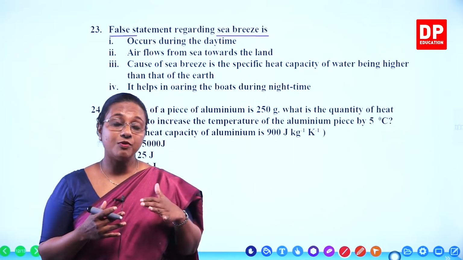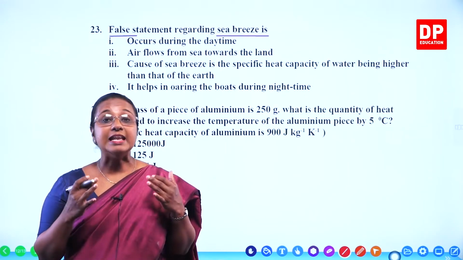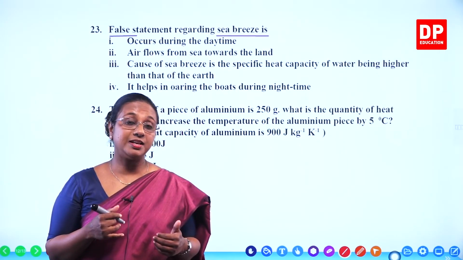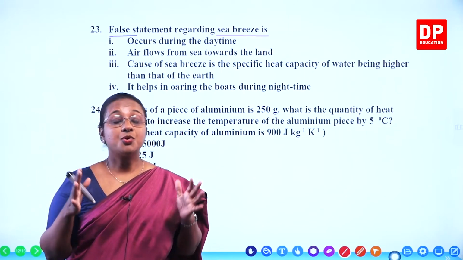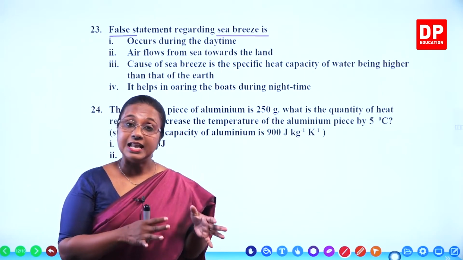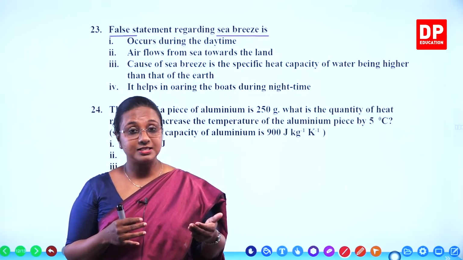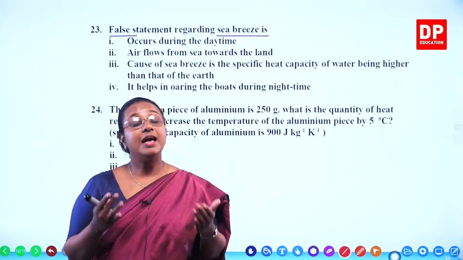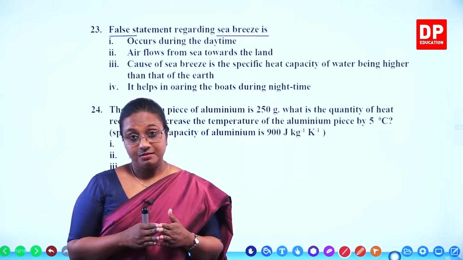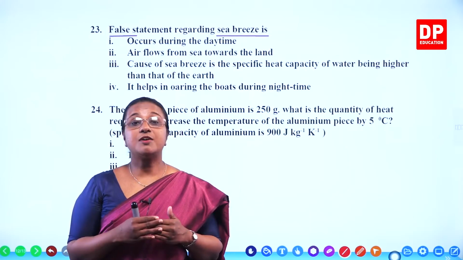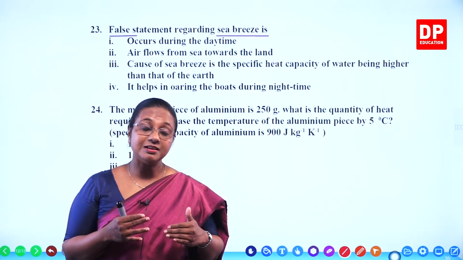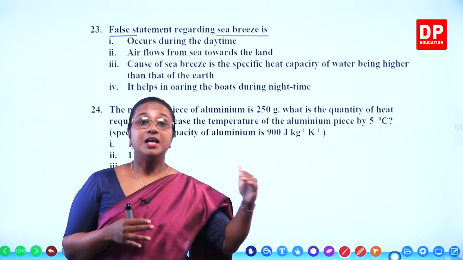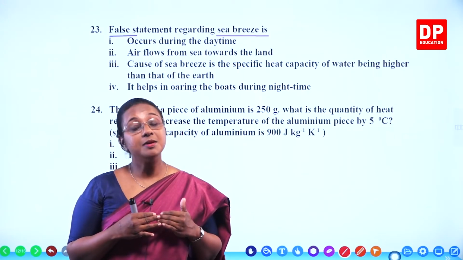There is sunlight falling on earth and the specific heat capacity of land is less than the specific heat capacity of water. So, because of that, the land becomes hot faster. The air above the land also absorbs the heat and it expands. Because of expansion, the density decreases and the air above the land rises up, creating a decrease in pressure.